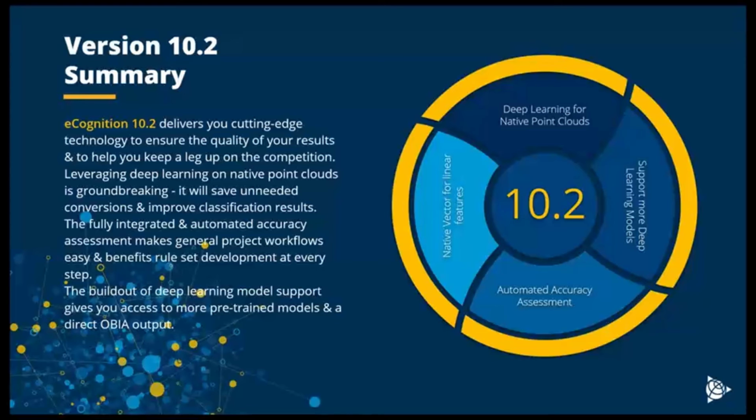The fully integrated automated accuracy assessment makes all project workflows much easier and benefits the rule development at pretty much every step. And the build-out of the deep learning support gives you more access to pre-trained models and a direct OBIA output, especially when you use the instance segmentation model. And yeah, that's what's new in 10.2.